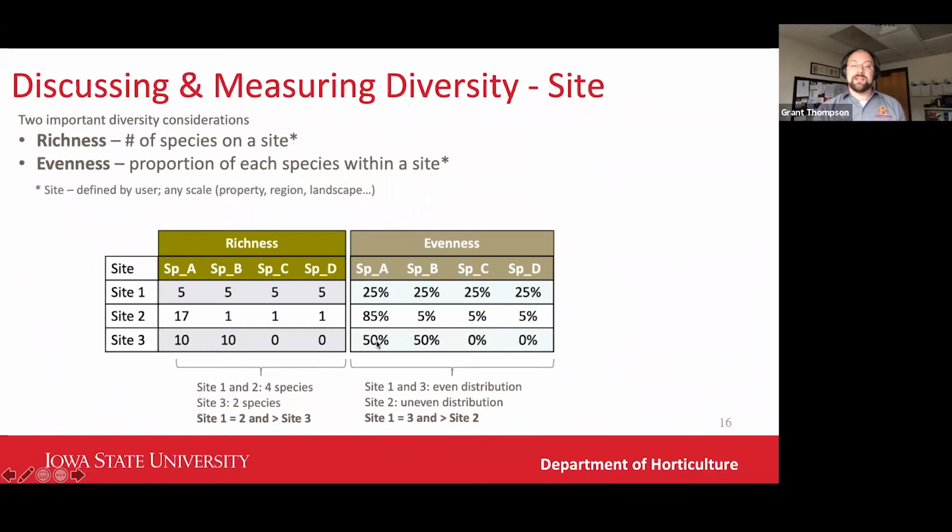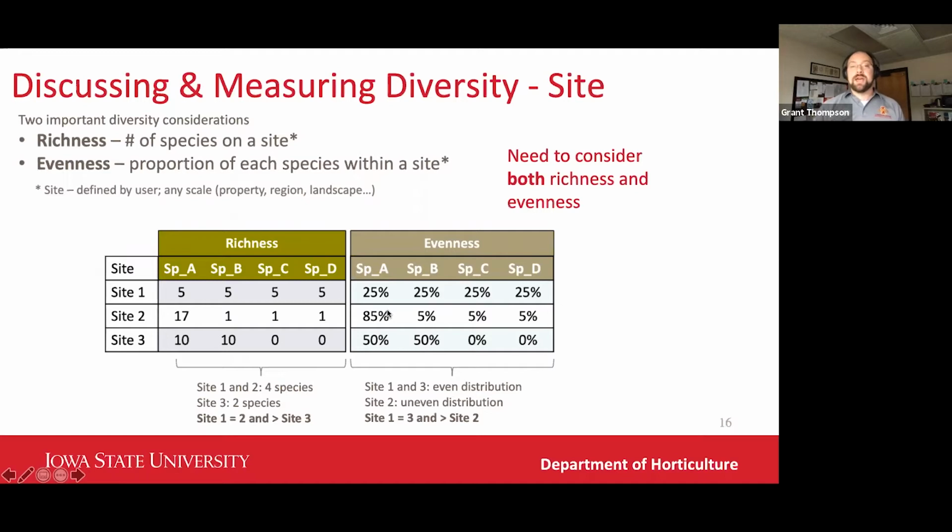Or we can look at site 3 and say that it is 50% of the 2 species that are present. Whereas site 2 is mostly dominated by the species A, and there's this smattering of others. So if we looked at this from an evenness perspective, we would say that sites 1 and 3 are equal, and that site 2 is the less even distribution. It's mostly just this one species.